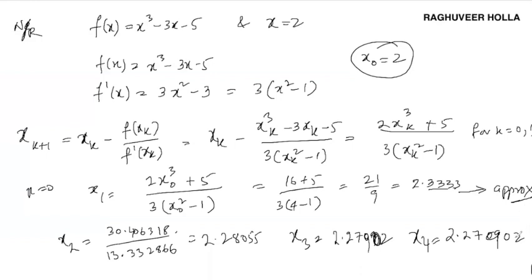As you can see here, it is almost the same, so you can stop this iteration. So the root will be 2.27902. This is the approximate root for the equation x cube minus 3x minus 5.